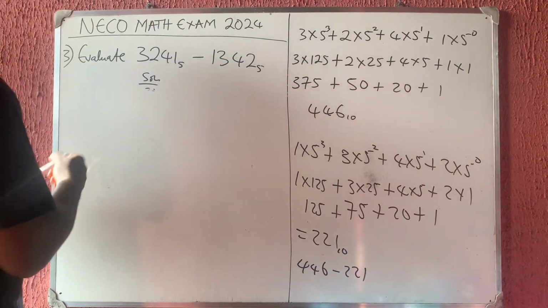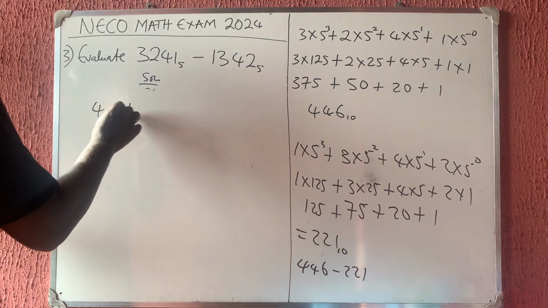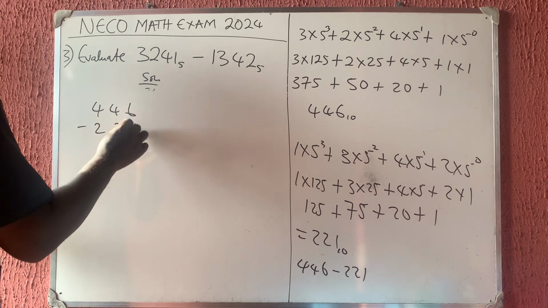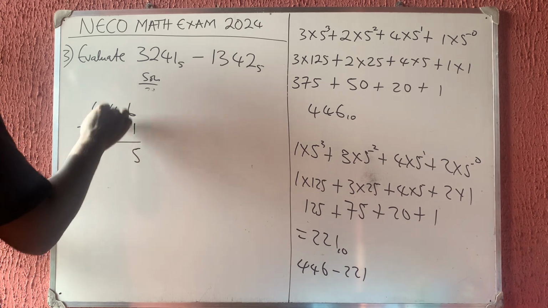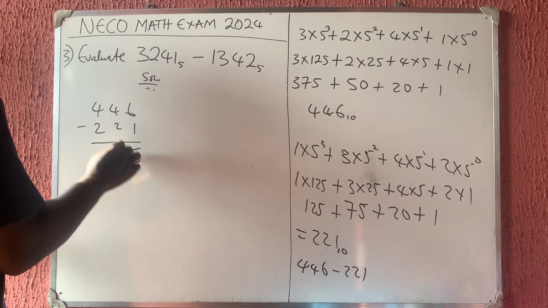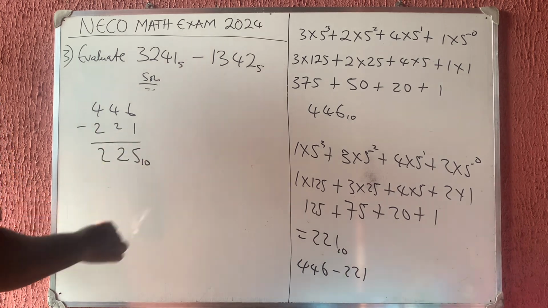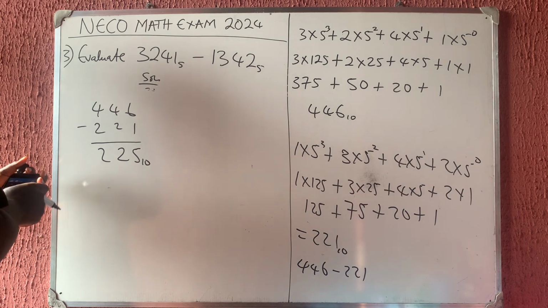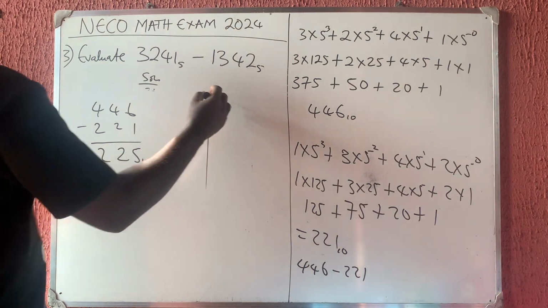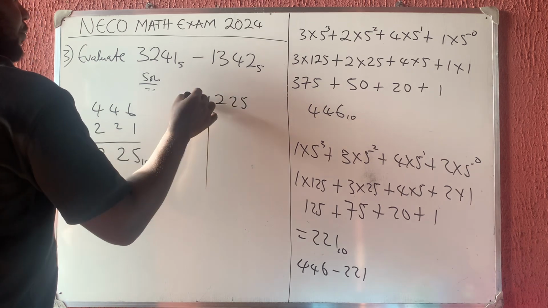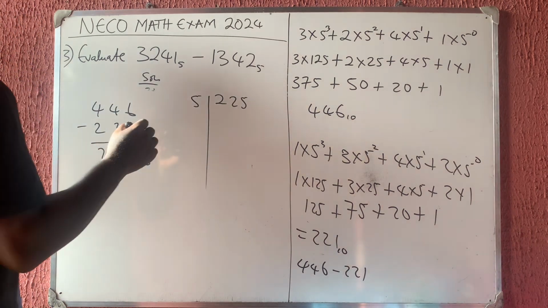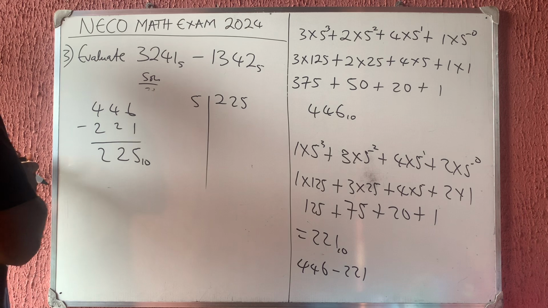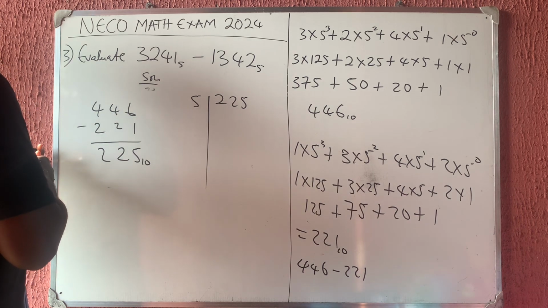If we subtract 446 minus 221, this minus this is 5, this minus this is 2, this minus this is 2, so 225 in base 10. Then we need to convert it back to base 5. So we convert 225 by dividing by 5.